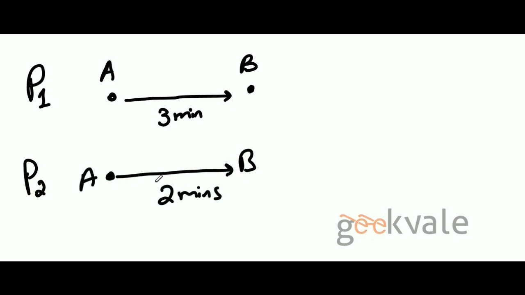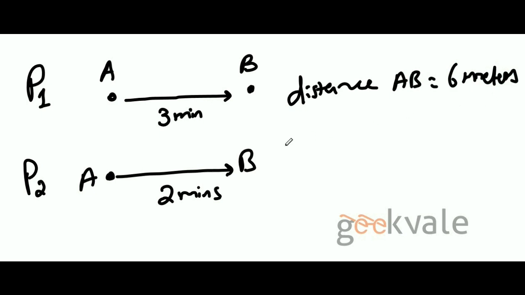Now let's say the distance AB is 6 meters. Although it's pretty slow to cover that small distance in that much time, let's just presume that.